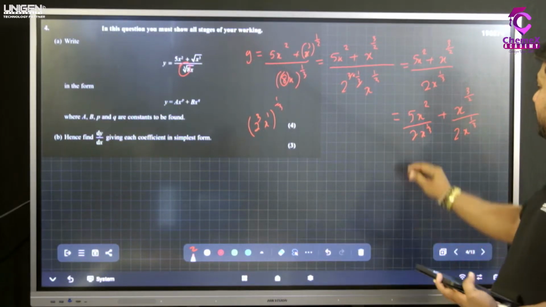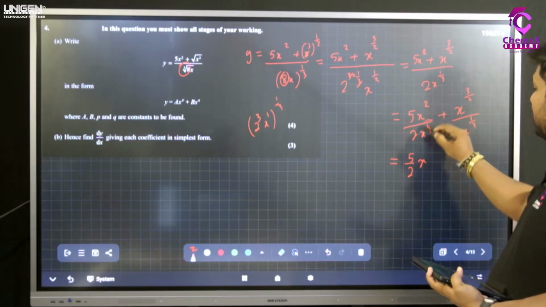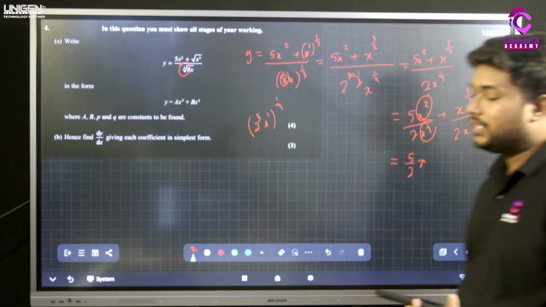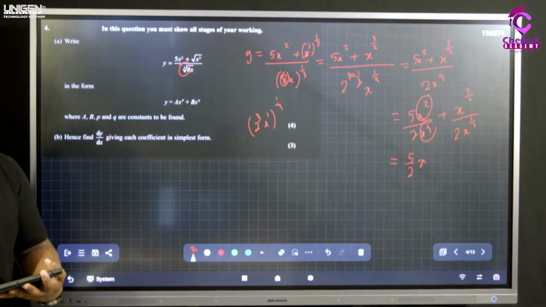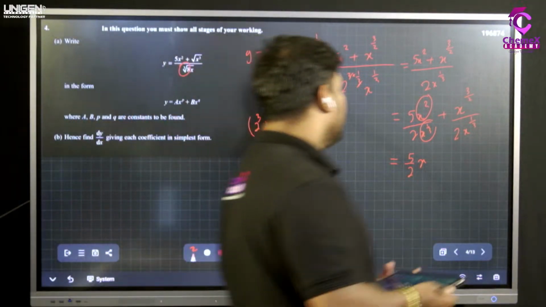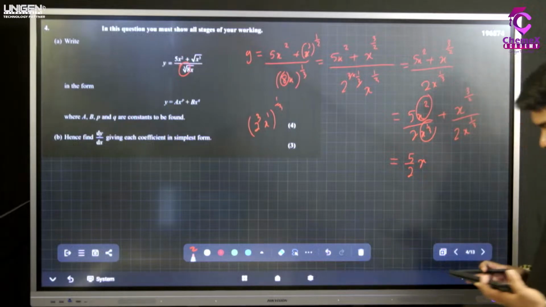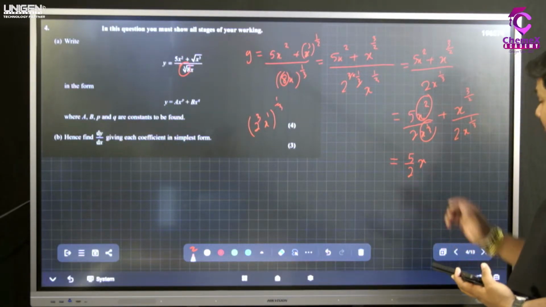So if you simplify this, what do you get? 5 over 2 x, when you subtract 2 by 1 over 3, what do you get? 2 minus 1 over 3 is how much? 5 over 3.